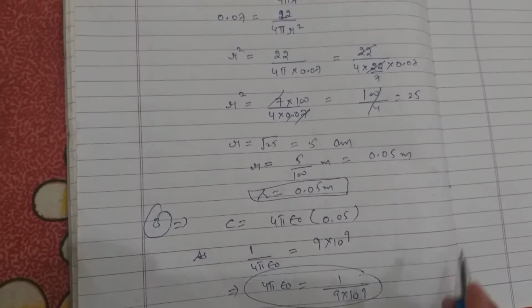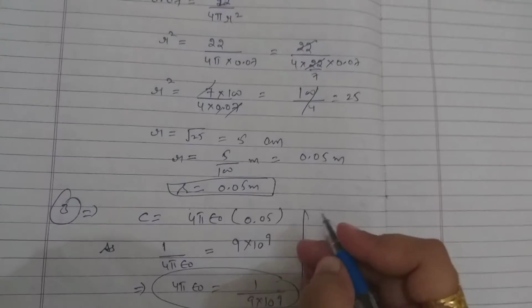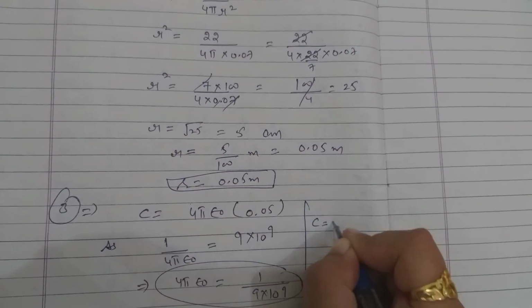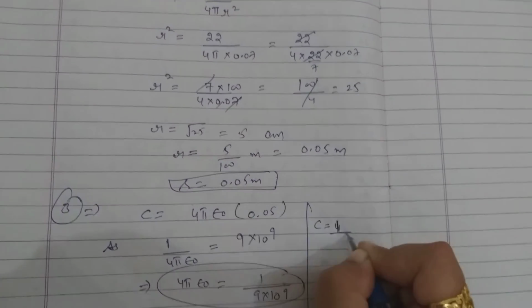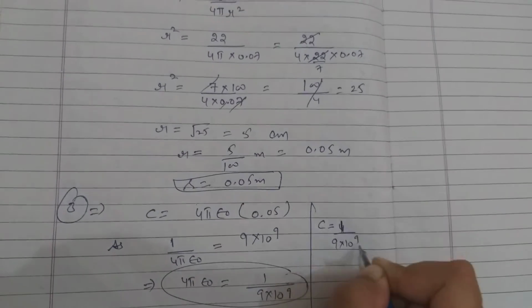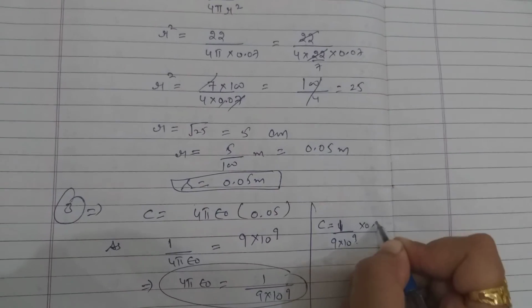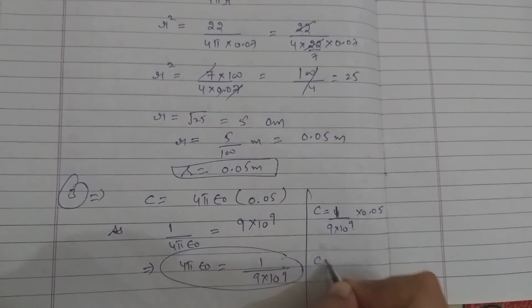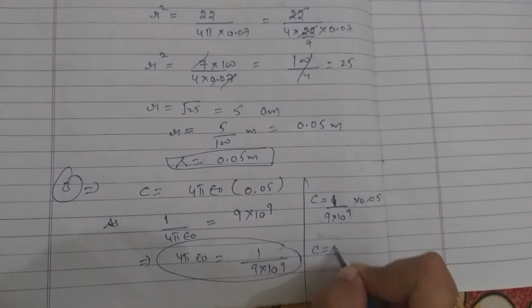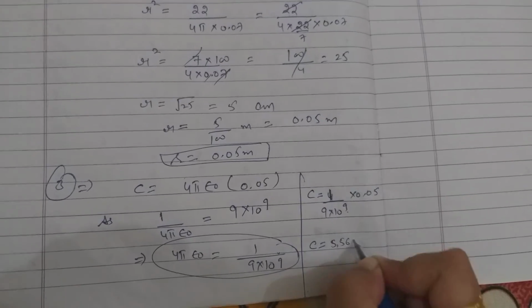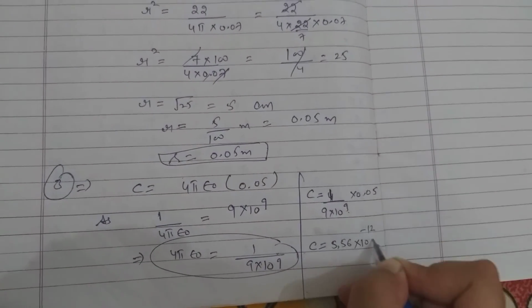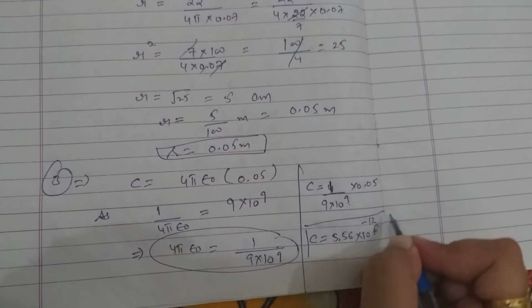Got it? So the value of C becomes 1 by 9 into 10 raised to power 9 into 0.05. After calculating, we will get the answer 5.56 into 10 raised to power minus 12 farad. This is our capacitance.